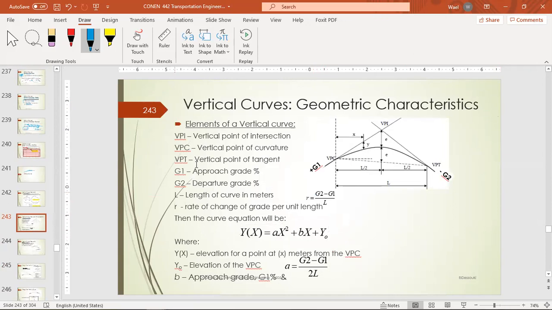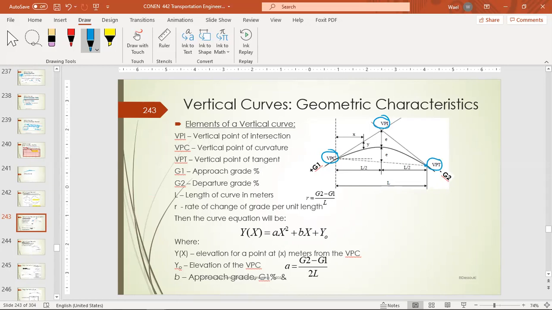The elements of the vertical curve: we have the point of vertical curvature, the VPI, the vertical point of intersection, and the vertical point of tangent here.